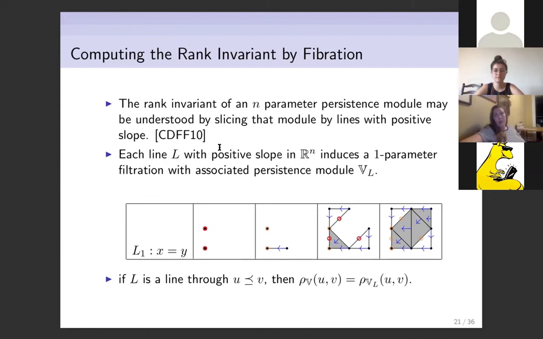For every line with positive slope, I restrict my filtration to that line, I get a one-parameter filtration, and then I can create the associated persistence module called V_L, the persistence module restricted to this line. In particular, if I have two points in R^n and I want to compute the rank invariant of those two values, I can take a line through those two points, create the filtration restricted to that line, create the persistence module of that filtration, and the rank invariant associated to the restricted persistence module is going to be the same as it is in the n-parameter persistence module.